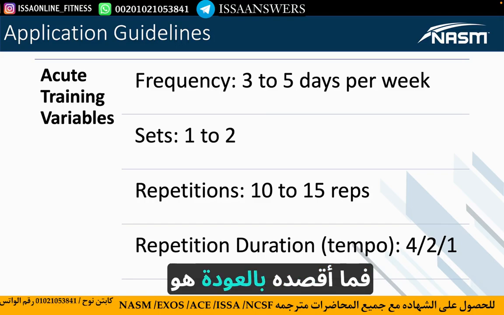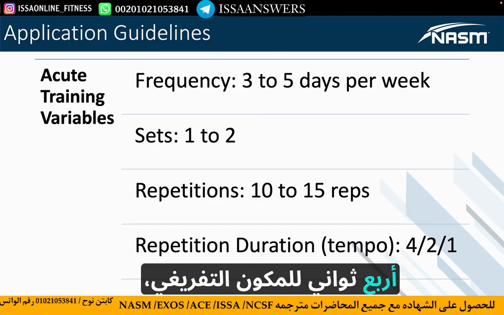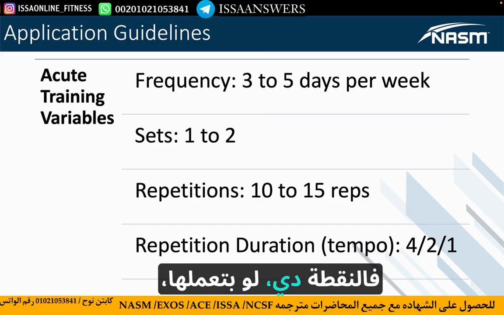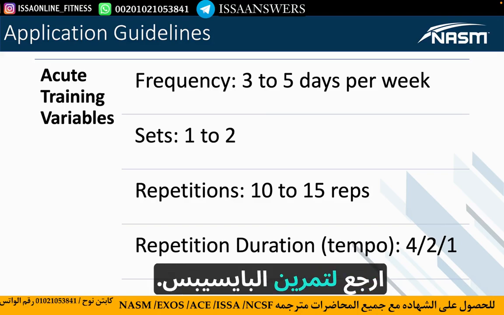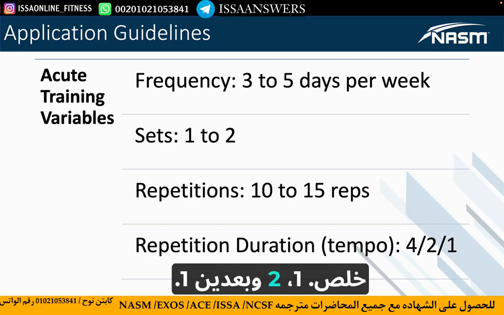So what I mean by return is it's a little bit backwards. 4 seconds of eccentric, 4 seconds of that unloading component, meaning the lengthening. So if you go back to the bicep curl, it's the return phase. 1, 2, 3, 4, done. 1, 2, and then 1.